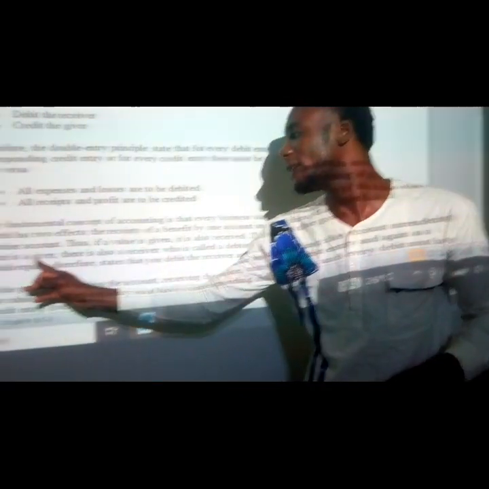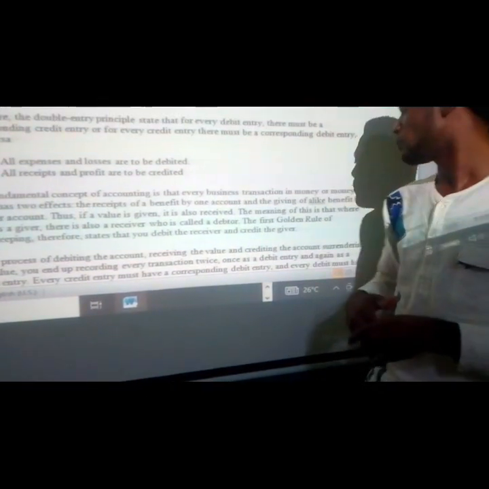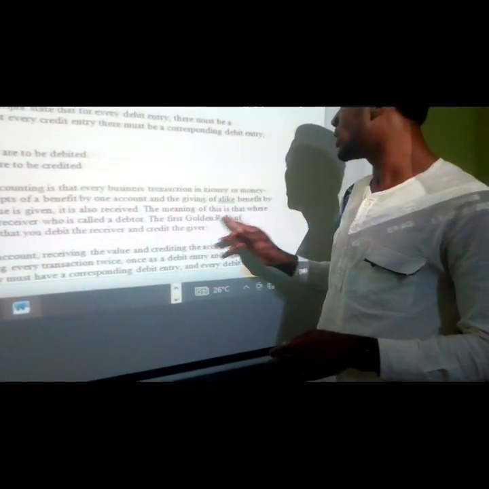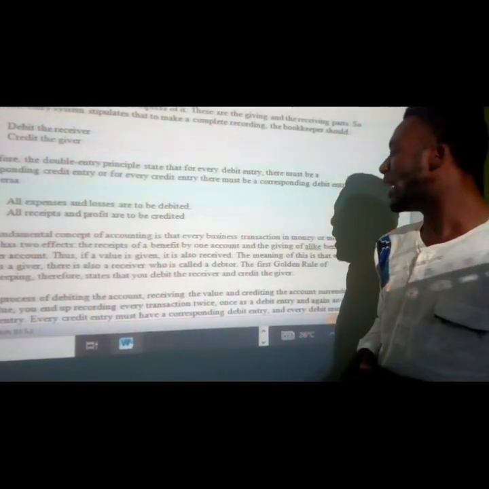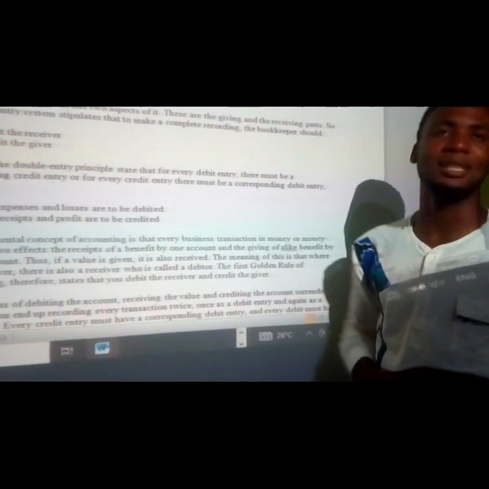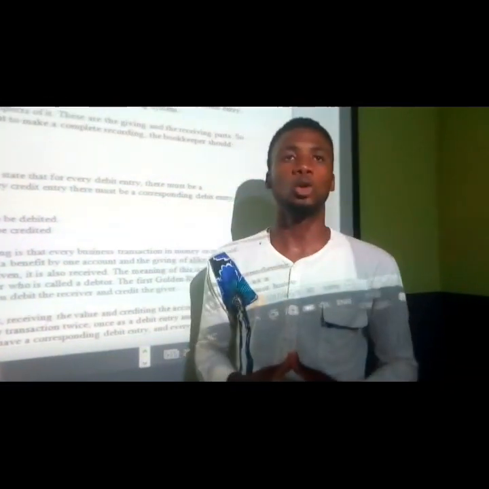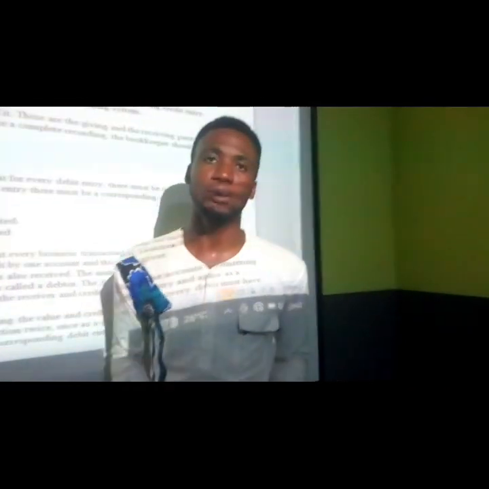The meaning of this is that where there is a giver, there is also a receiver, who is called a debtor. The first golden rule of bookkeeping therefore states that you debit the receiver and credit the giver. That is the two rules involved in accounting processes.